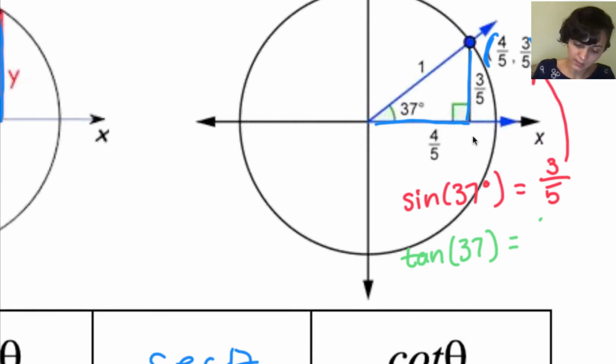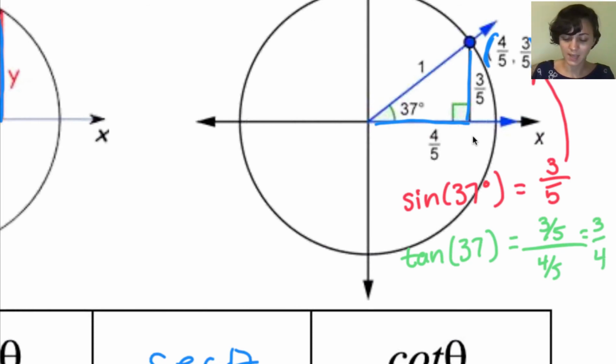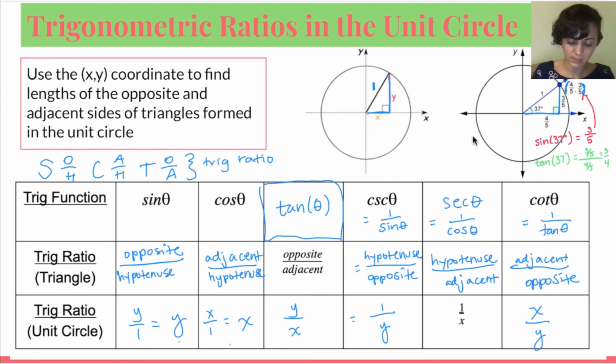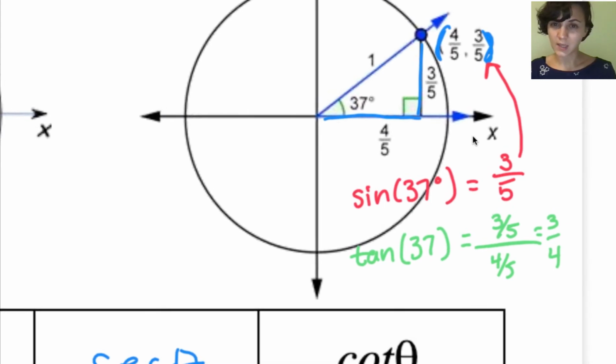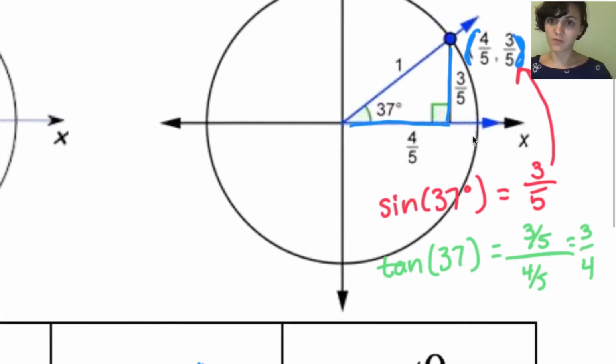So y over x is 3/5 divided by 4/5, which is 3 over 4. Okay. So this is how you use the coordinates to solve trigonometric ratios. Okay. Usually we don't have random angles like this. We have angles in the unit circle, like all of our special angles that are in the unit circle. So those are the ones that you need to memorize.